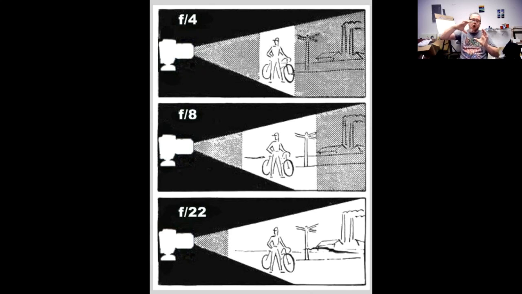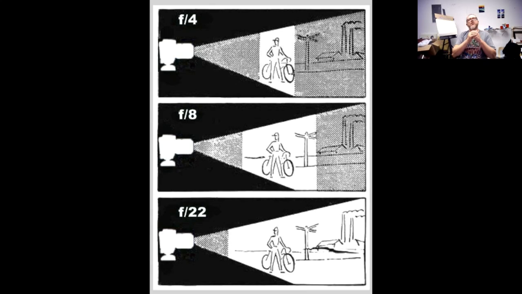That wide open aperture has difficulty getting good, sharp, crisp focus on everything that's in front of the camera. So we can get something like this, where there's whatever it would be between the camera and the person with the bicycle, and then all of the landscape beyond, and we could get just this person with their bicycle in focus.